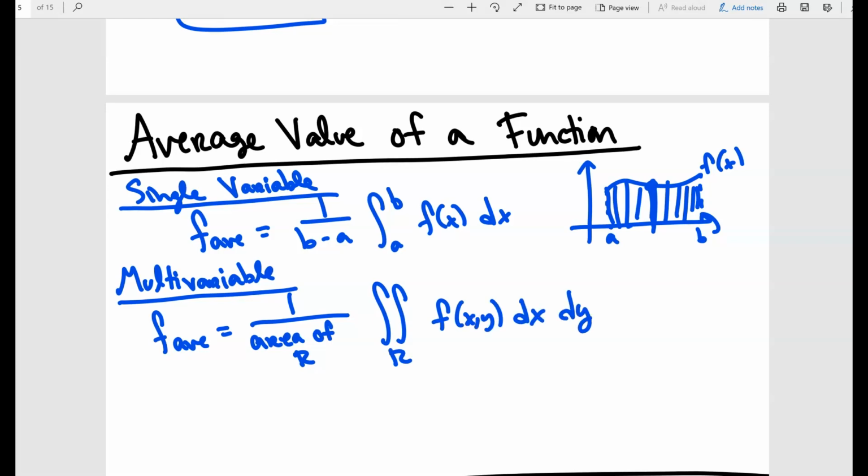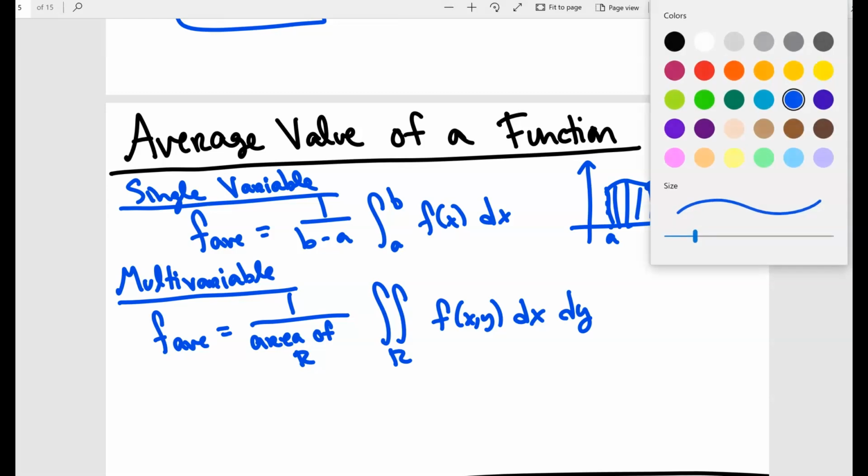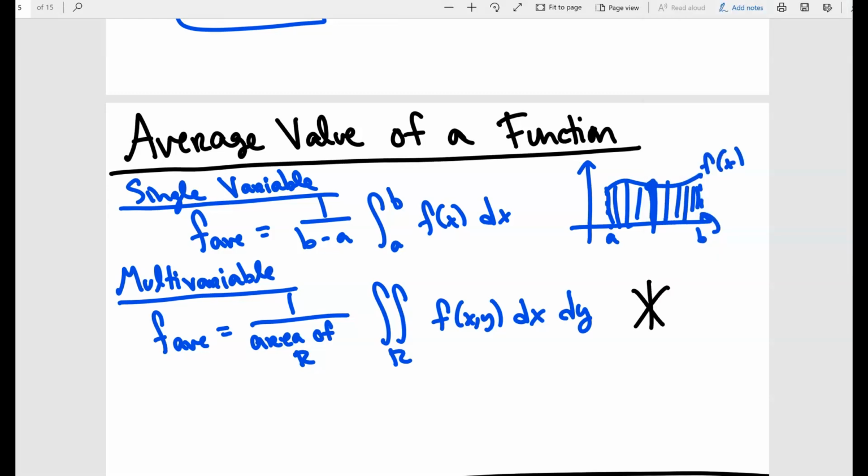Now, obviously, because these are iterated integrals, you can always switch the order of integration however you'd like. So this formula is really self-explanatory. What is this area of R? Remember, the area is whatever is in the xy plane.